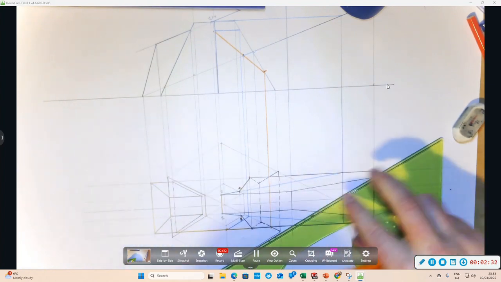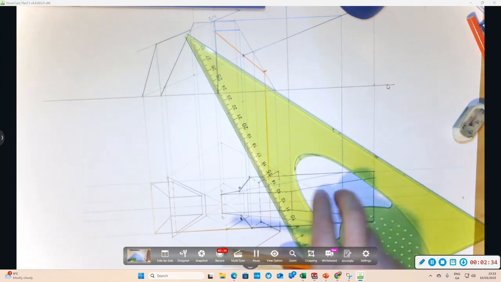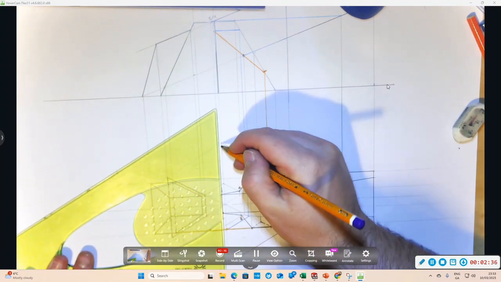We've a little bit in elevation to finish in a moment. So we're just finishing off our plan view.